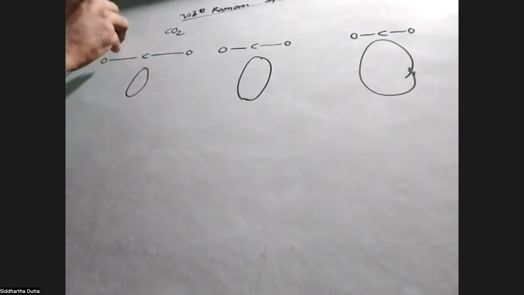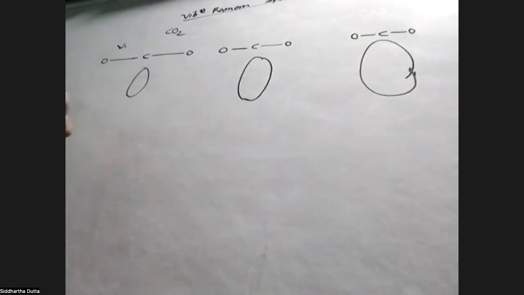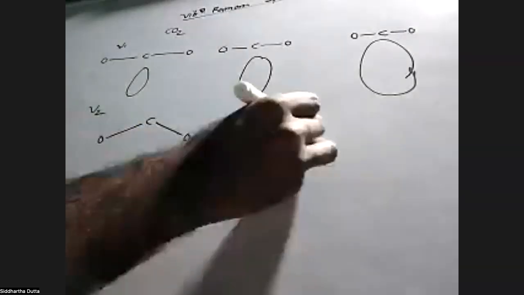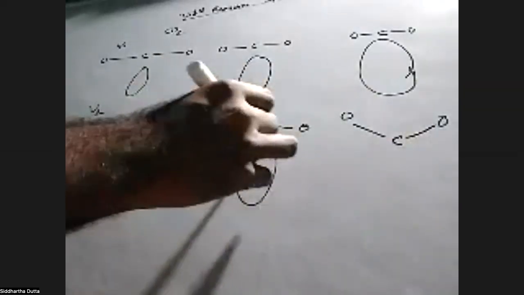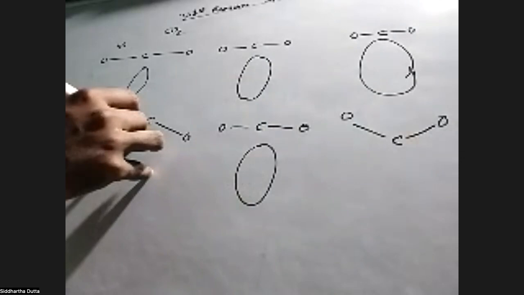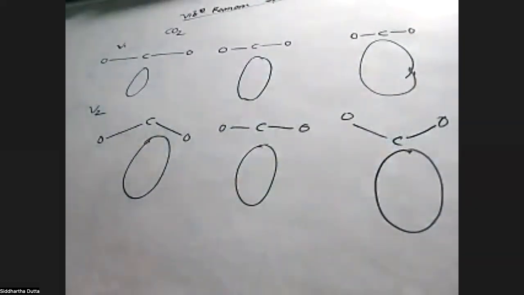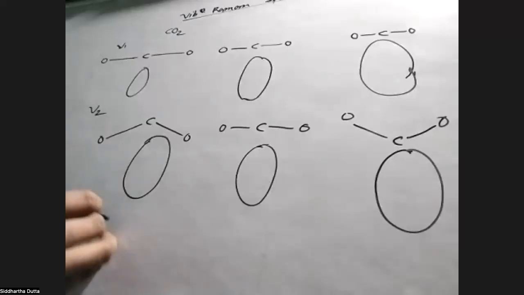So this is the symmetric stretch V1. This will be V2, the bending vibration, where the polarizability ellipsoid will be this. And V3 is the asymmetric stretch.